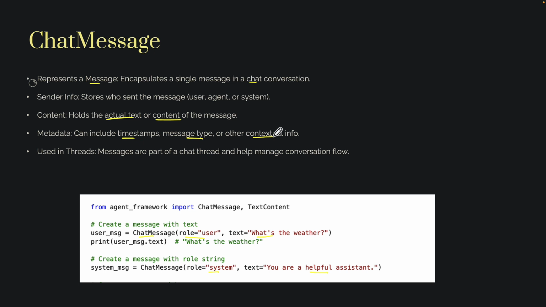Then remember, it is actually used in threads. Messages are part of a chat thread and help manage the conversation flow. Very important. So let's say a user is saying, what is Azure AI? Then the agent is saying it's a cloud service.